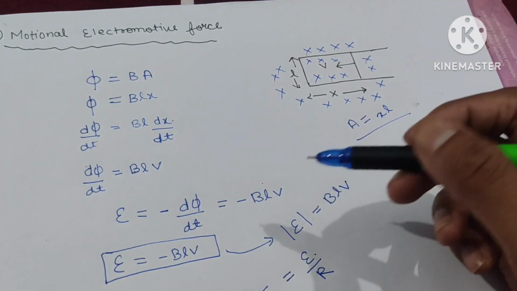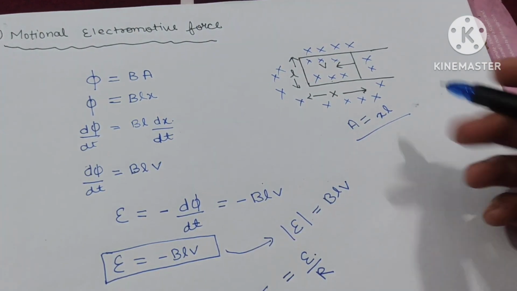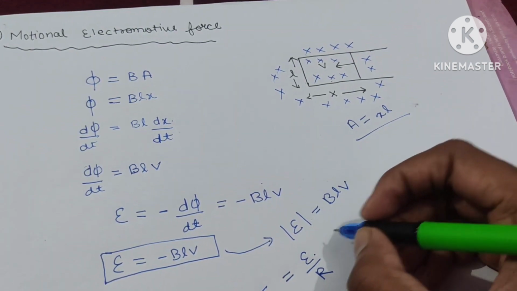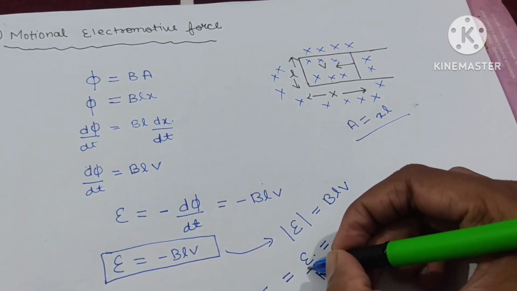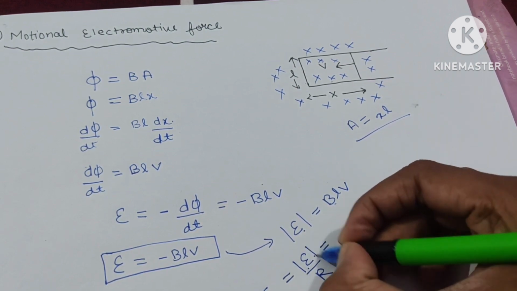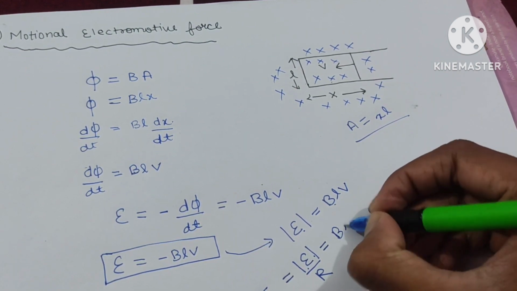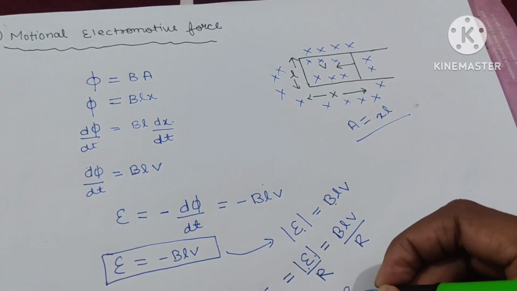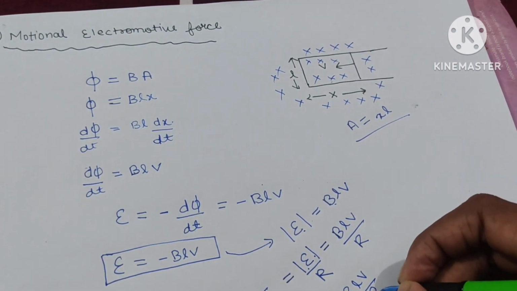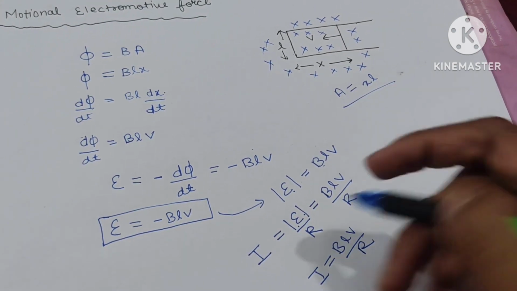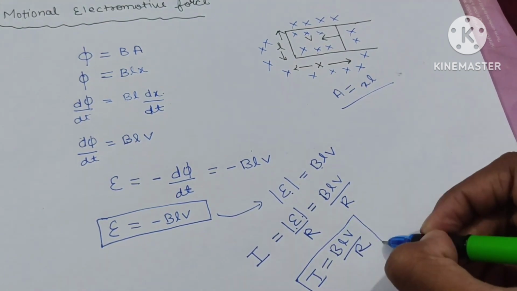EMF and potential are measured in the same unit, so both are equal from my point of view. So putting BLV instead of E, I is equal to BLV by R. So that's it.